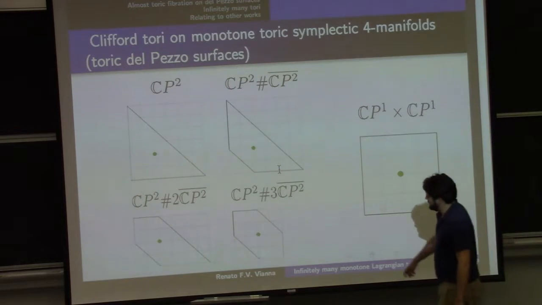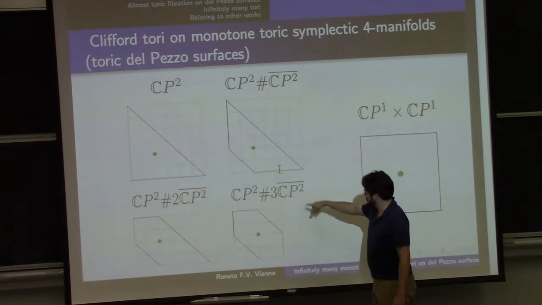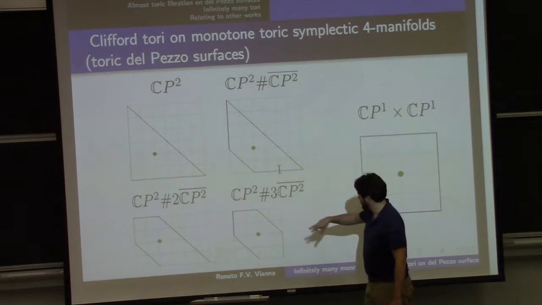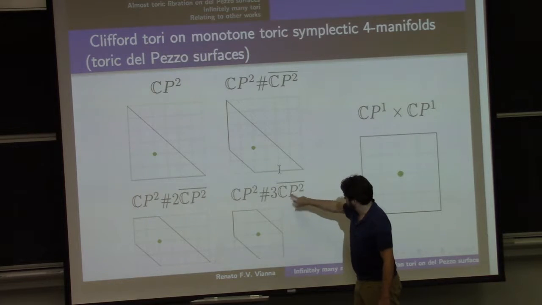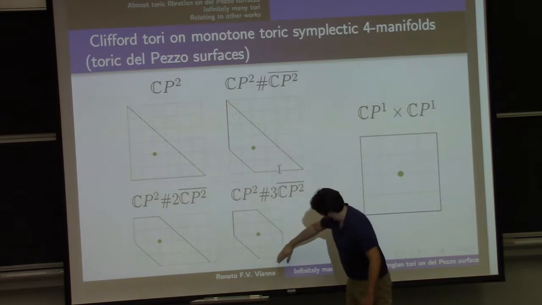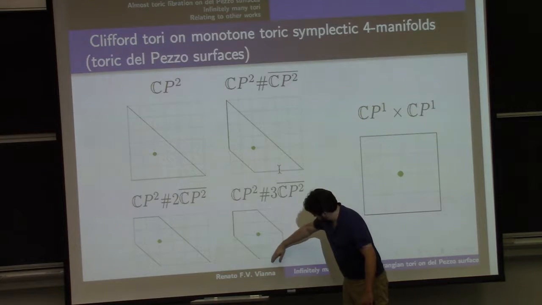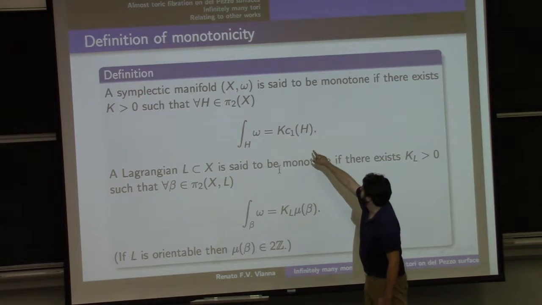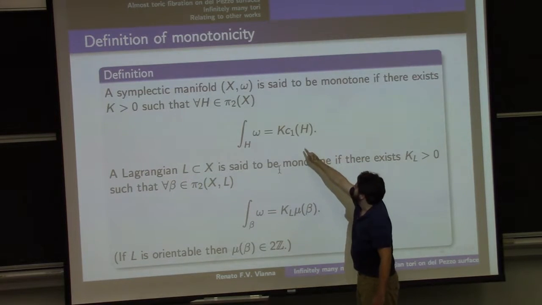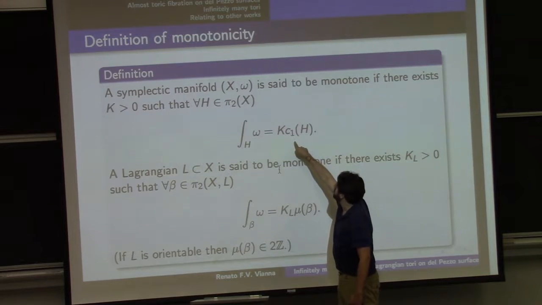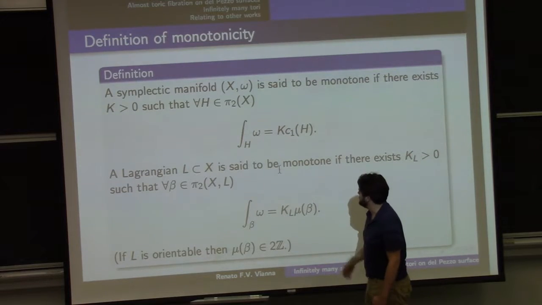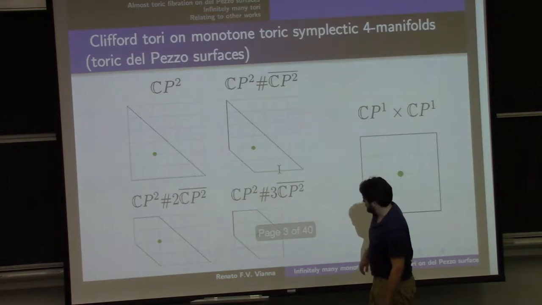Here we see that we could still perform some toric blow-up on this degree 6 del Pezzo surface, but if we try to force it to be monotone, the exceptional curve that we get there should have Chern number 1, and then we would have to have a specific symplectic area for that curve.